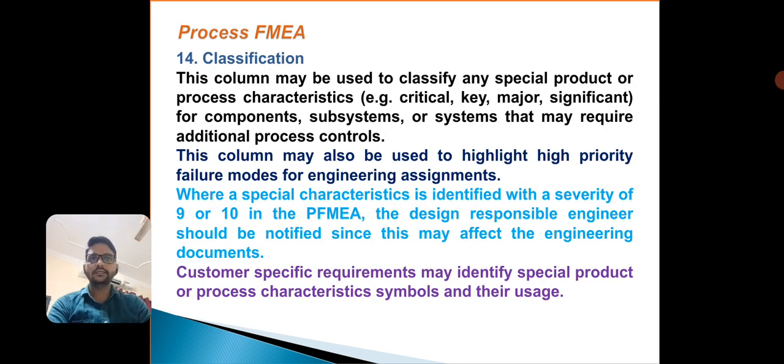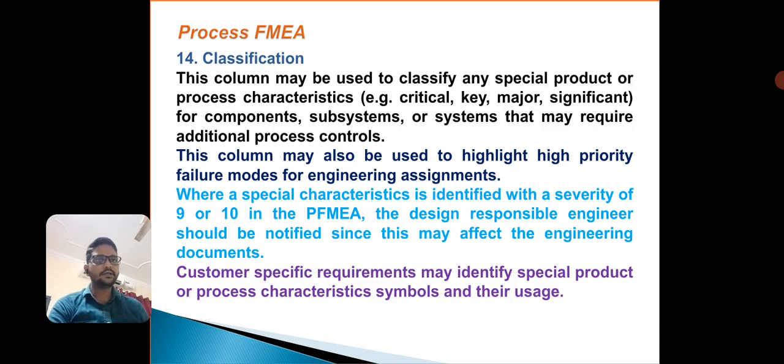And the next step is classification. The PFMEA terminology is classification. This column may be used to classify any special product or process characteristic that is critical, key, major or minor, or significant for component, subsystem, system, that may require additional process control.